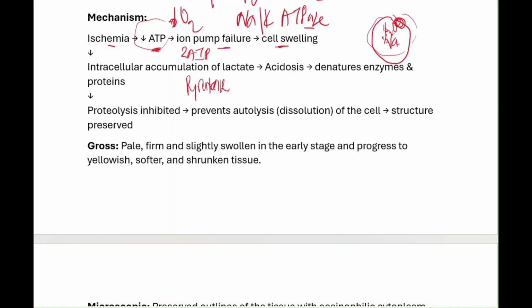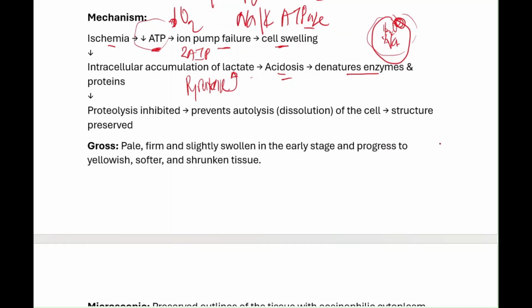Those pyruvates will be shunted to production of what? Lactic acid. And as you're producing lactic acid, that will lead to acidosis of those cells, and that will lead to decrease in the pH. So the intracellular pH will be decreased. And when you look at our dye, we use the acidophilic dye, and that makes the cell look pink or red.